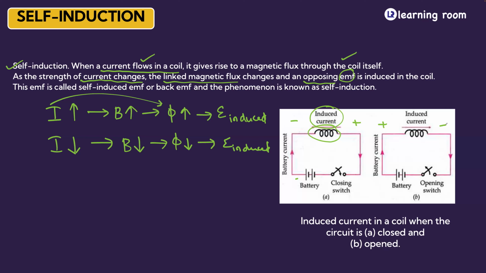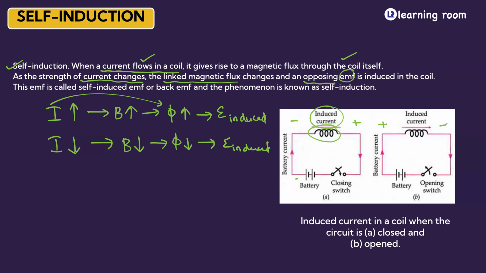When you try to decrease the flux by decreasing the current, it will try to do exactly the opposite. It will try to increase the current, means it will start supporting the actual flow of current. So if the actual current is flowing due to the battery in the clockwise direction, induced current will also flow in the clockwise direction. Hence, the polarity of induced EMF in both the cases will change, which you need to decide depending on the problem.